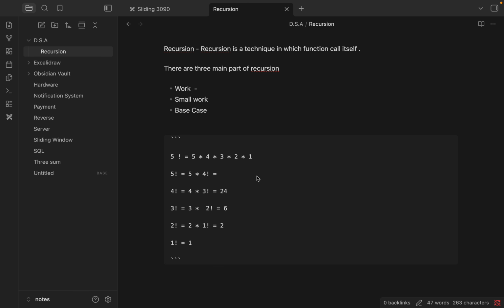Now the value of 4 factorial is 24, multiplied by 5 gives 120. This is the final answer.